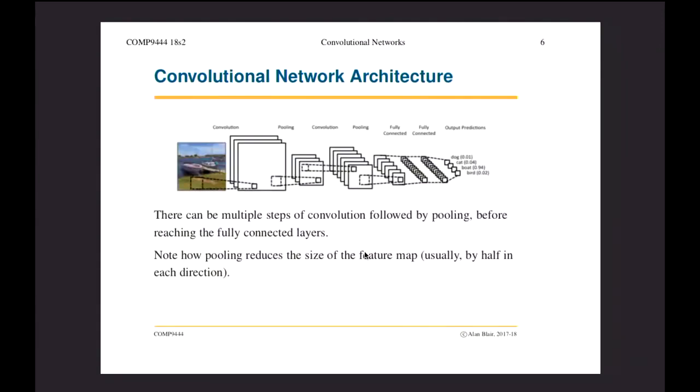Okay, so here's another picture of the same architecture, but it makes the thing a little bit more explicit. So you can have multiple steps of convolution followed by pooling before you reach the fully connected layers. This describes one of the early architectures in this class. It's called LeNet.